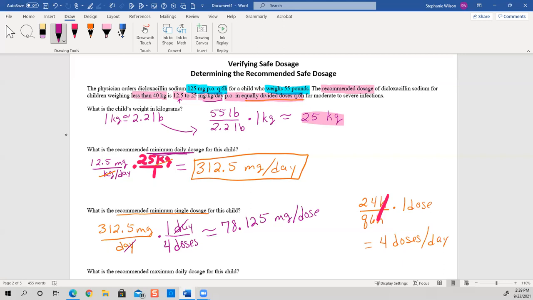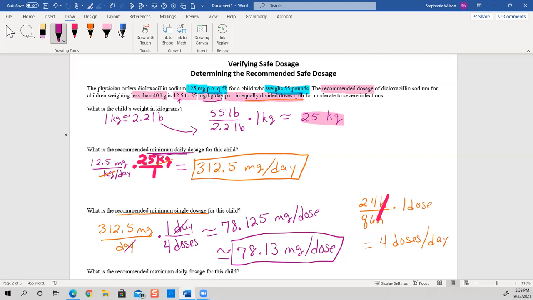So I'm going to round to the nearest hundredth on this one, and it's going to give me 78.13 milligrams per dose. There will be cases when you don't round and you drop the digits off. There are different circumstances, but that's getting a little more into the science of it. Let's right now just do the number crunching.